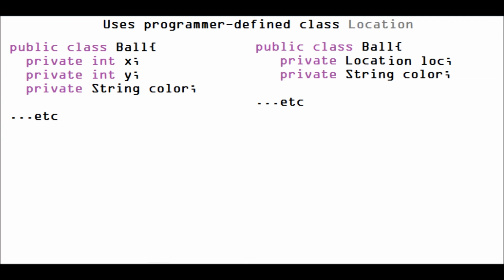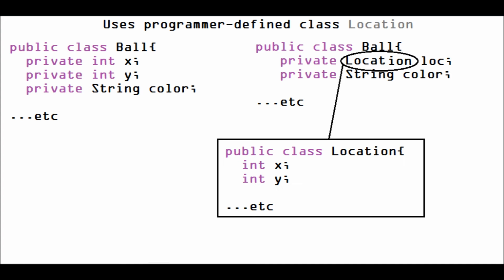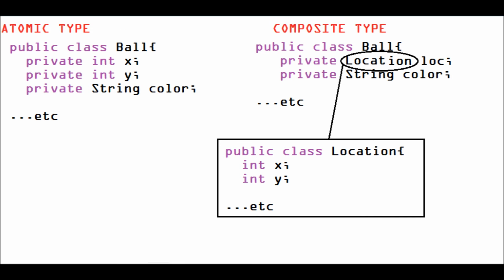So we see this ball class here. It has private Location lock, and that location right there, that's a class defined by the programmer somewhere else in the program, and we are now using that as a parameter of the ball class.